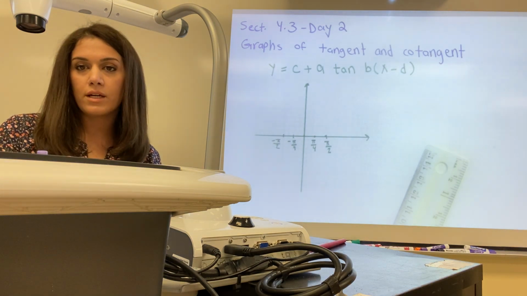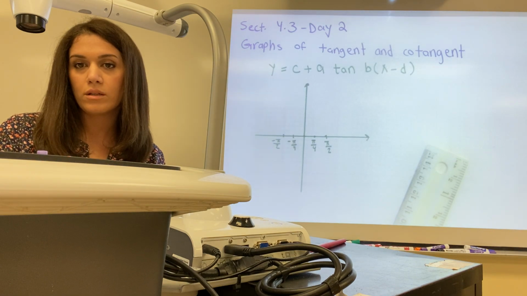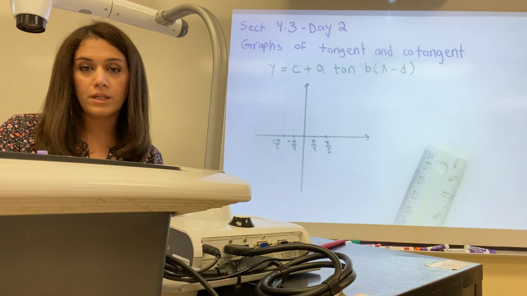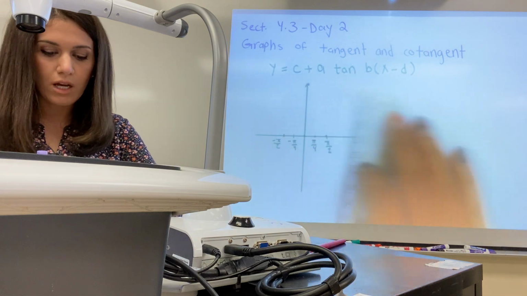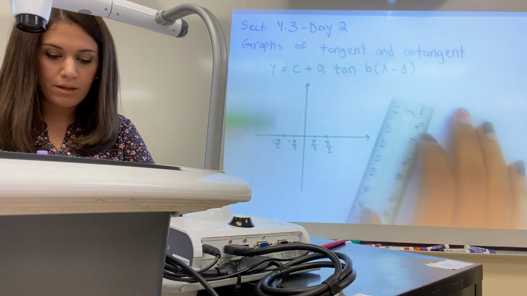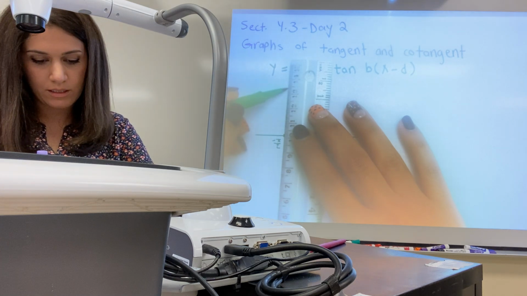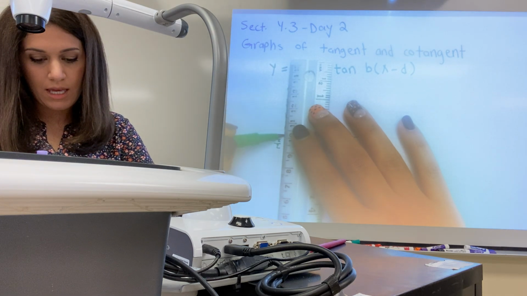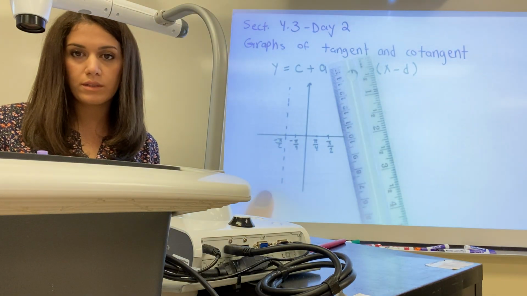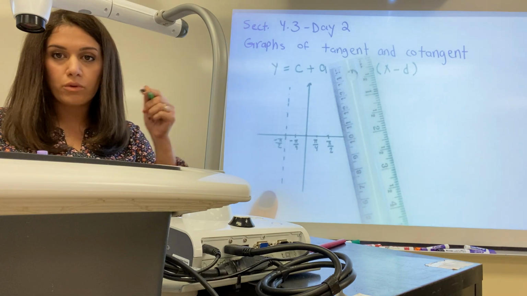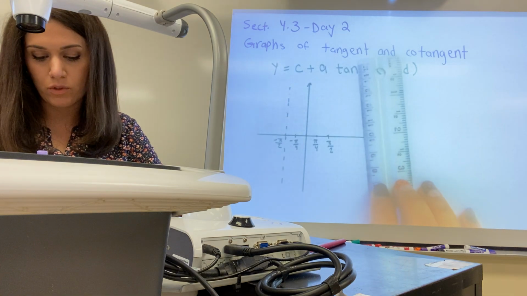So dividing the y value by the x value, that's negative 1 divided by 0, that is undefined, right? We can't divide by 0. So when it is undefined, I am going to graph a vertical line like this, and I will say that is the vertical asymptote for the tangent. So the tangent function will never touch this vertical line, the vertical asymptote.